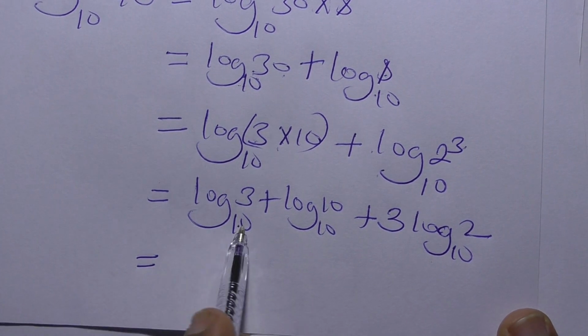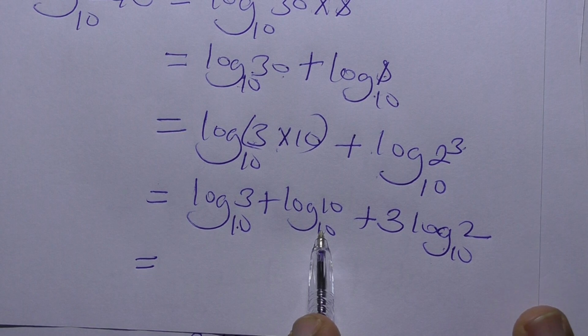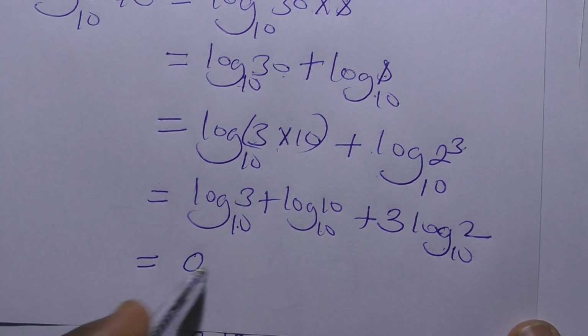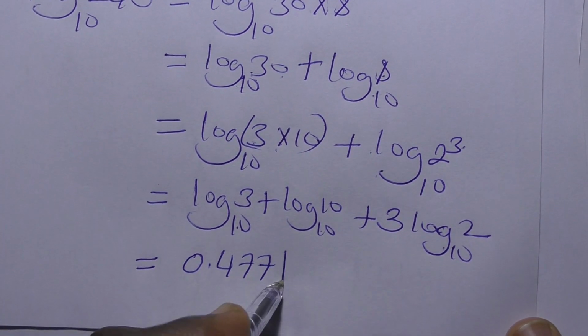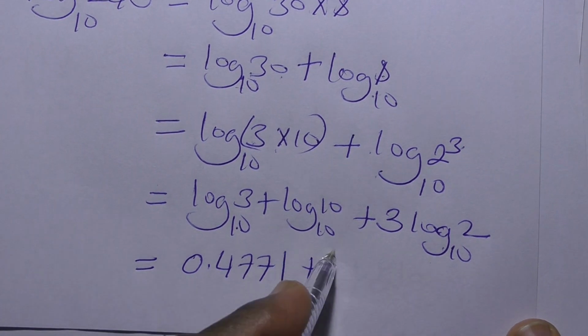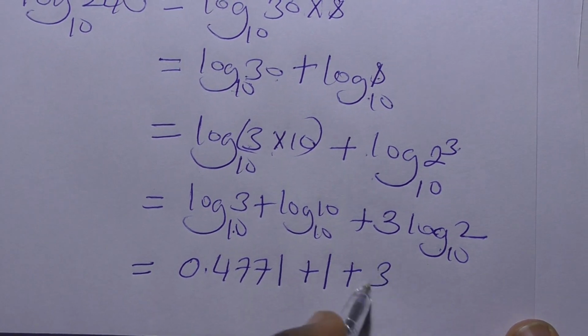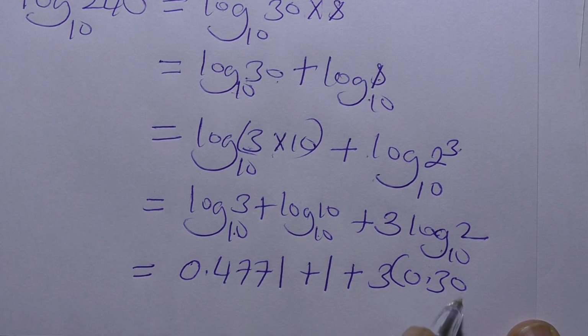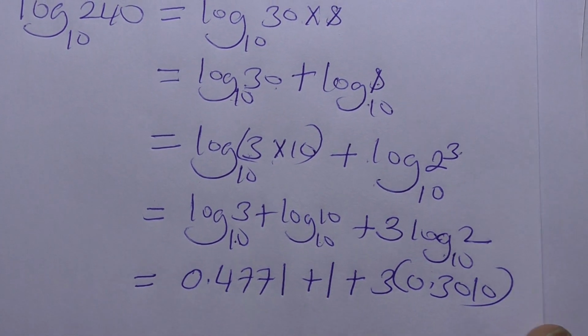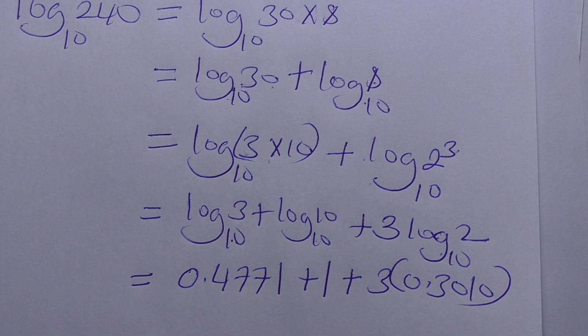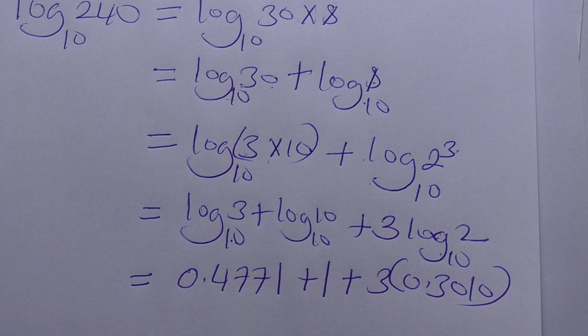I was given this and that, and I derived that. So this is 0.4771 plus this is a 1 plus 3 into 0.3010. So it is now a matter of getting my calculator and feeding the information to get the final answer. So that is how we deal with the logarithms.